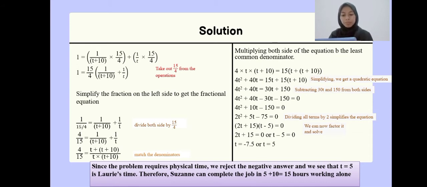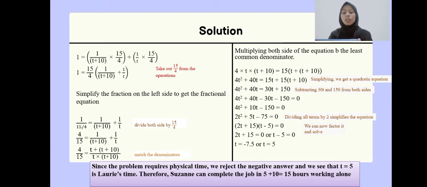So 4t to the power of 2 plus 10t minus 150 is equal to 0, because 40t minus 30t is equal to 10t. And next, dividing all terms by 2 simplifies the equation.